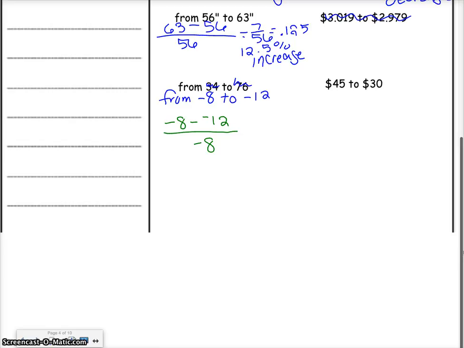And that turns to plus. So this is negative 8 plus 12 over negative 8, which is 4 over negative 8, negative 0.5, negative 50%.